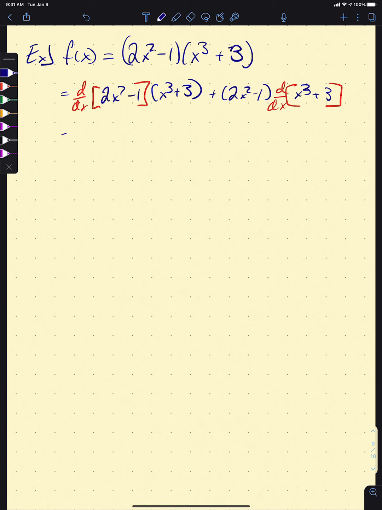And we can work these through. The derivative of 2x squared minus 1: our 2 is going to drop down and we're going to get 4x. Our minus 1 is just going to drop. Then we're going to have x cubed plus 3. Then we're going to add to that 2x squared minus 1. And then what's this derivative? Our 3 is going to drop down, we're left with 3x squared, and once again, this 3 just drops because the derivative of a constant is 0.